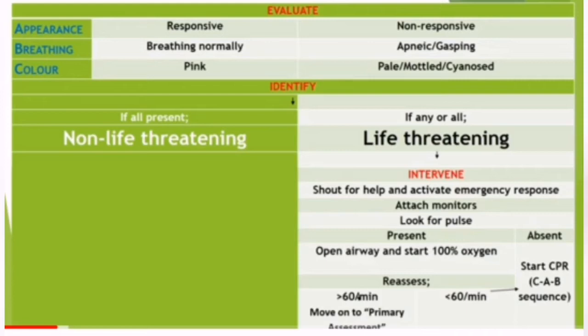If blood pressure is low, it will be considered hypotensive shock. So from circulation, I can identify if the patient is in shock or not in shock.